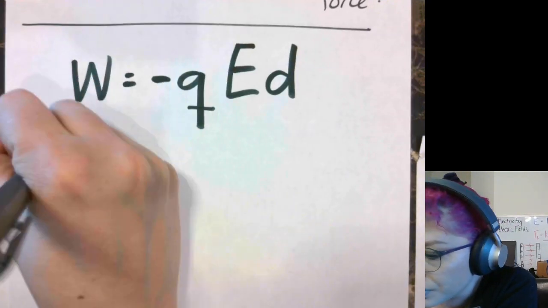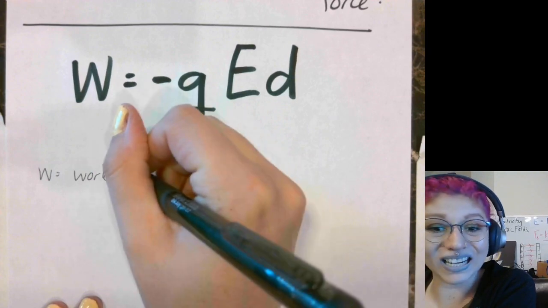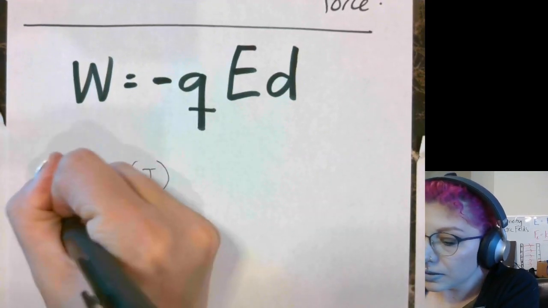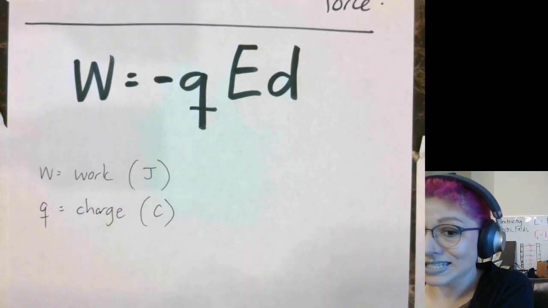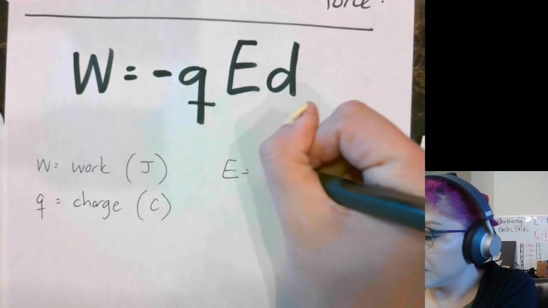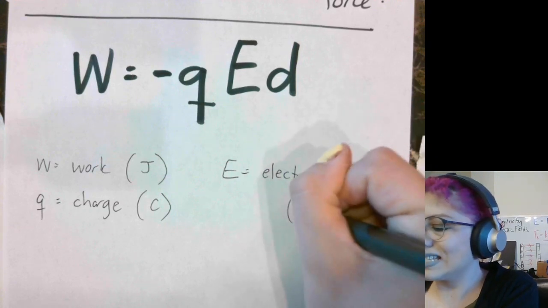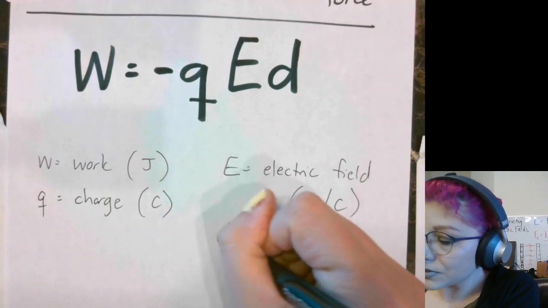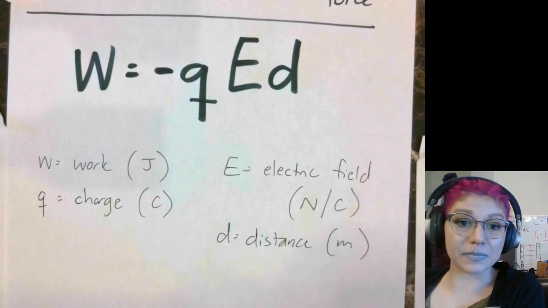So W is work, and we think of work in terms of joules, so that's joules. Q, the charge. We've looked at this. It's in coulombs. The electric field, E, is newtons per coulomb. And then finally, d is just distance. And we think of this in terms of meters.